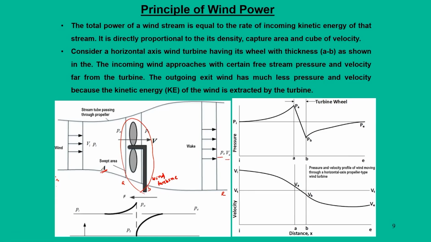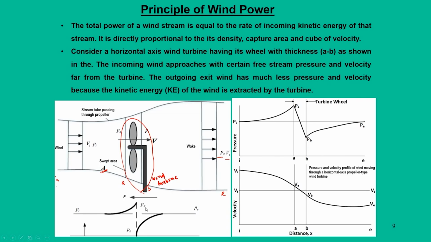Obviously, for the pressure and velocity distributions, one can simply apply Bernoulli's equation. Initially when the wind approaches towards the turbine, the pressure keeps rising and suddenly entire energy gets converted to power. So, pressure suddenly drops from Pa to Pb.